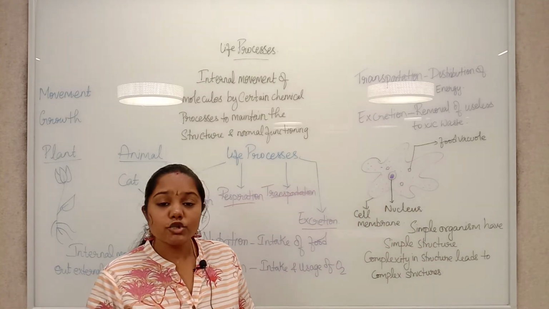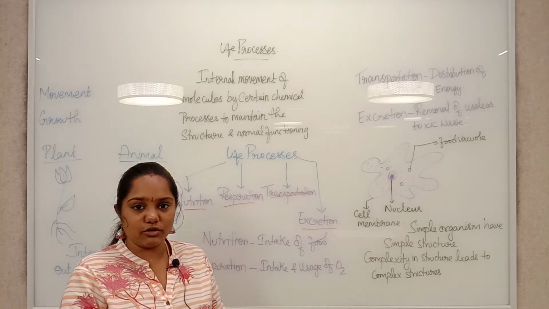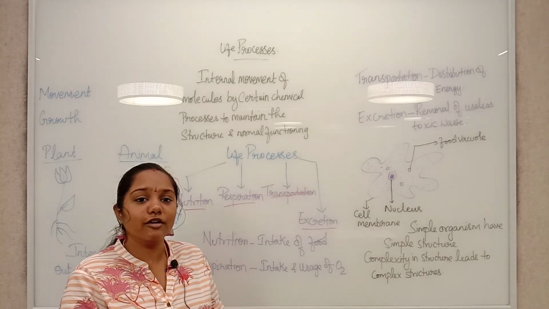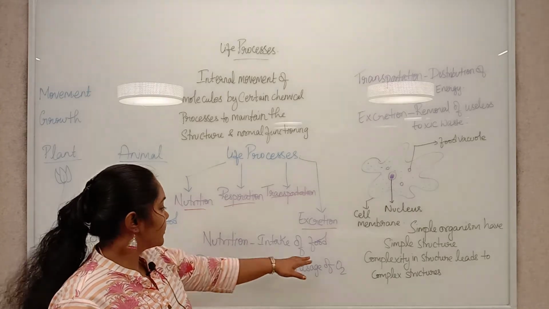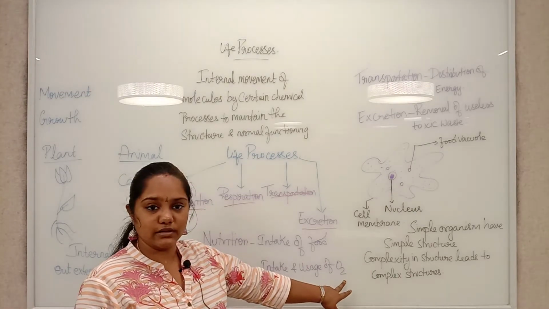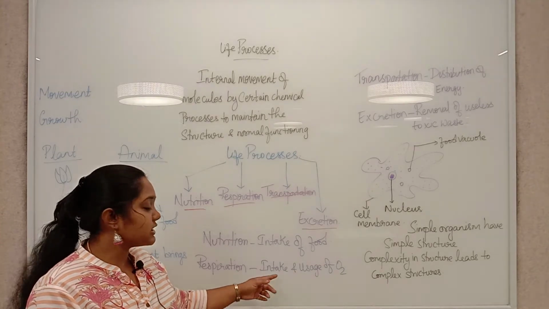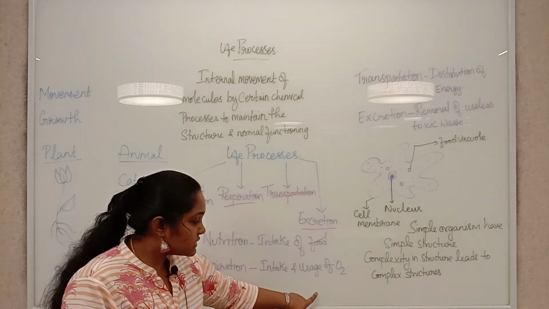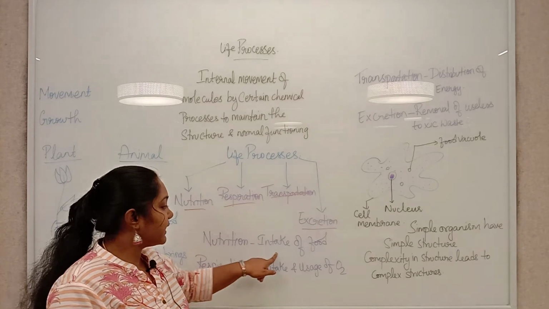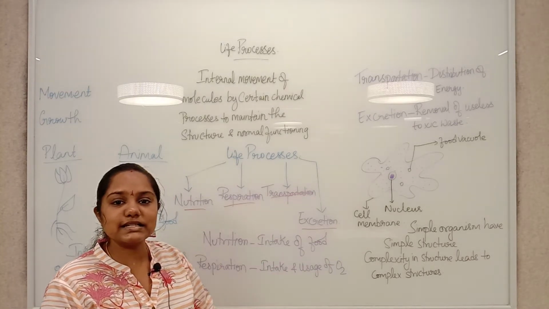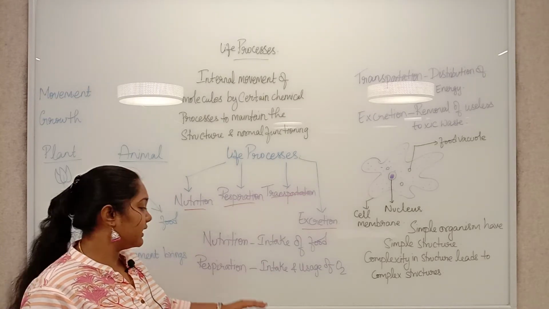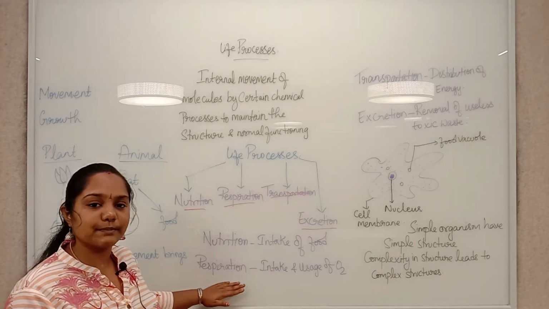So to digest that carbon-based molecule, we need the help of another substance, which is oxygen. How any living organism takes the oxygen inside and uses this oxygen to break down the food and release the energy is what we learn under the concept respiration.